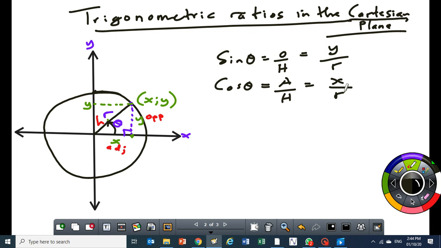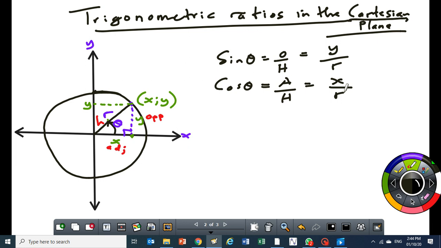Okay? If this is the reference angle here, the vertical distance is y, the horizontal distance is x. Sine theta is opposite over hypotenuse, so y over r. Cos theta is adjacent over hypotenuse. The adjacent is x, the hypotenuse is r.